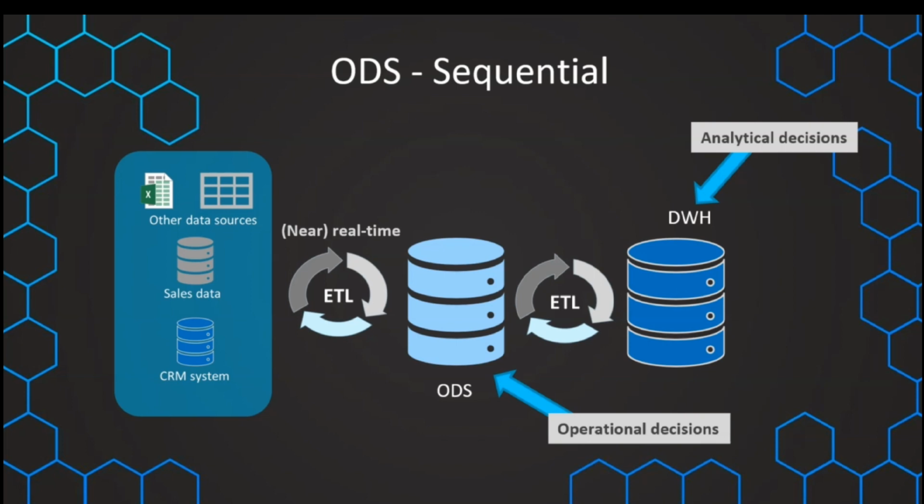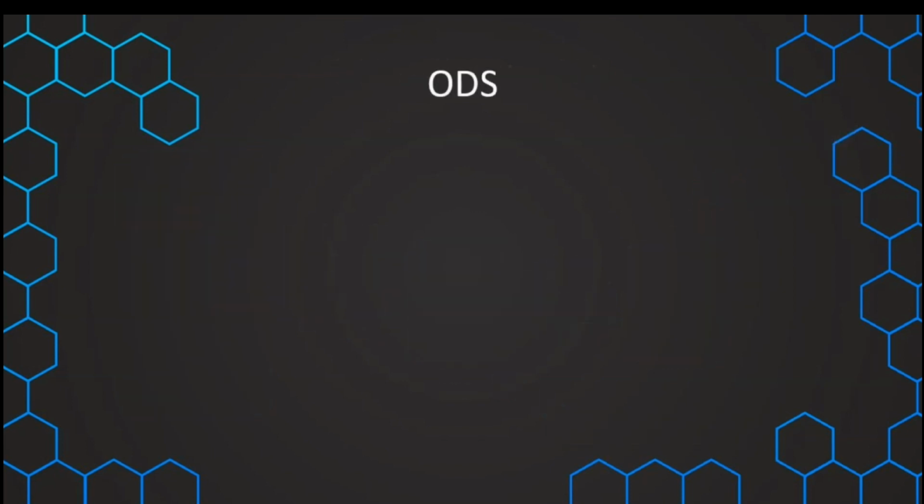Because we've already done the heavy work of integrating the data, and now we can just use this operational data storage as kind of our source, our staging layer, if you will, for our data warehouse. And with that, we just save a lot of work and effort to integrate the data because we can just use the ODS as our data source. So this can be something that can be quite helpful.